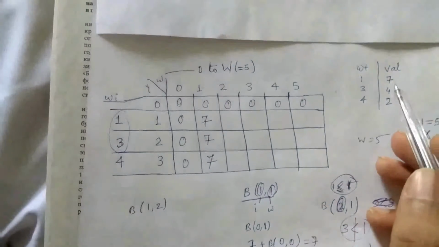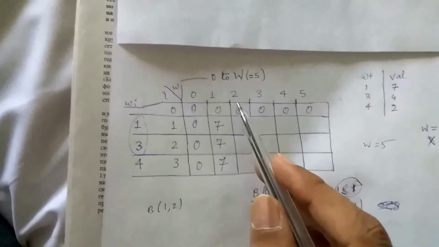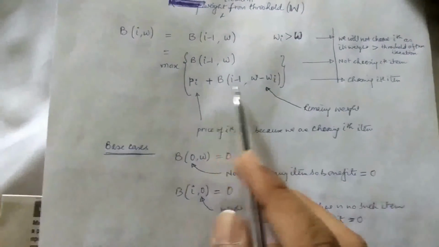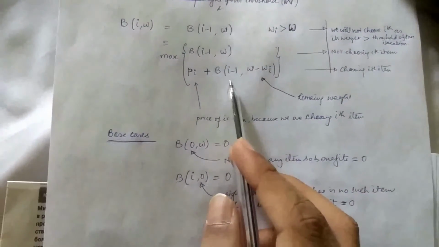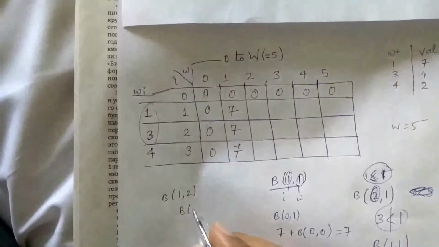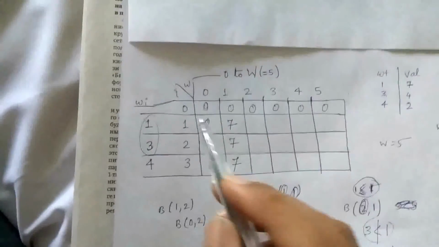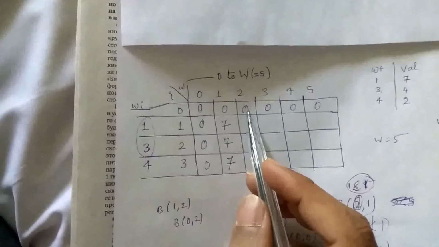Weight of the first item is 1, which is lesser than this 2. So we fall in the second equation. We will find the maximum. How do we find a maximum? Let's compute first B of 0 comma 2. What is B(0,2)? B(0,2) is 0.